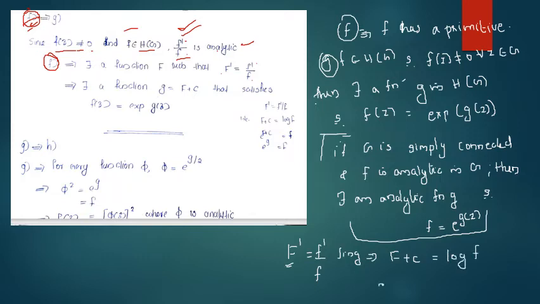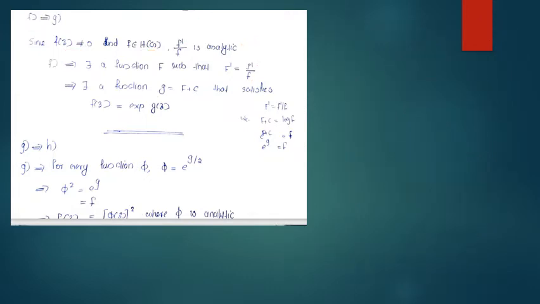Now taking exponential, e raised to F plus c equals f. If we take F plus c as small g, then we can write f equals e raised to g. Hence our result.